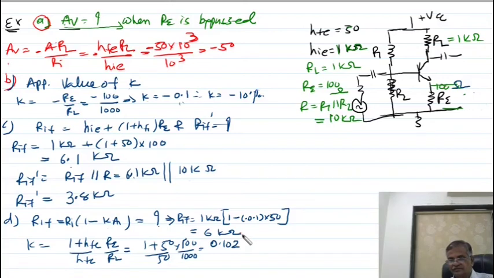What is the reason? This is the equation of the input resistance with feedback. With the help of this you are getting 6.1, and with the help of this you are getting a different value. The reason is that we have taken the approximate value of K. Let us take the exact value of K. If I put the exact value here, Rif is equal to Ri into 1 minus KV.